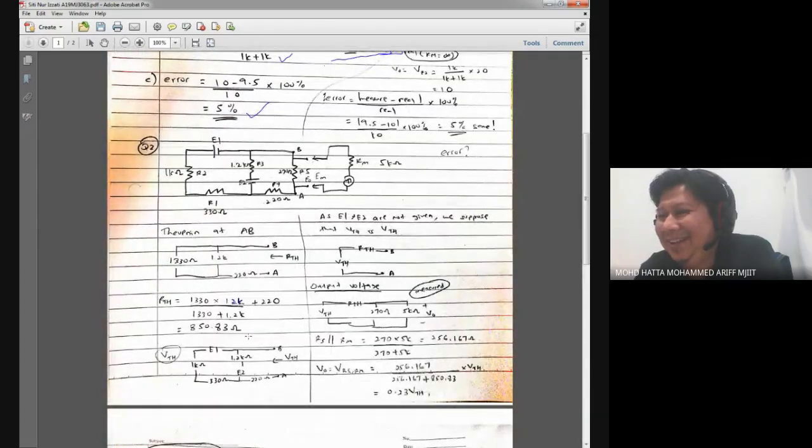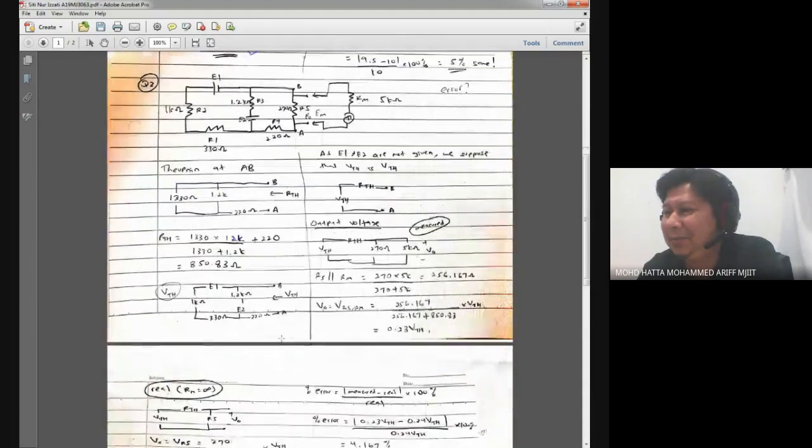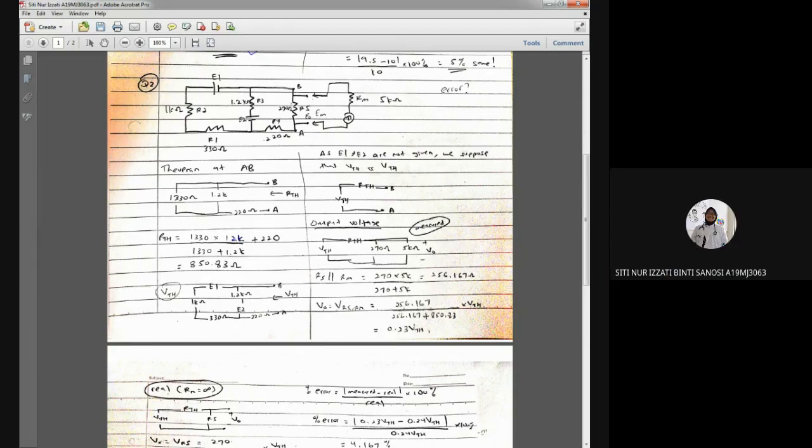Alright, anyway, I think maybe you missed something in this calculation. Let's see. If you look at the one that Izzati has over here, she considered that this R5 is removed. Is it correct, Izzati? Yes, okay.